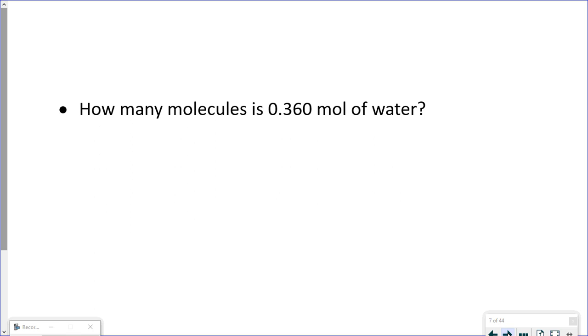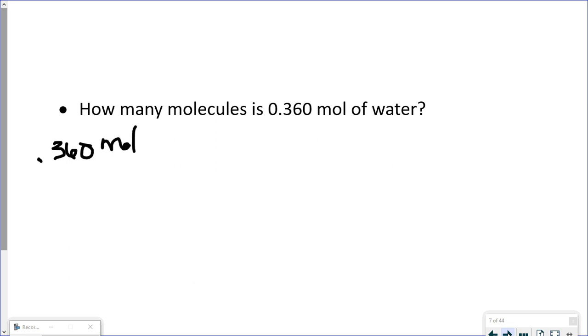So we're going to be using that same conversion factor of 1 mole is equal to 6.02 times 10 to the 23rd particles. But remember, you're always going to start with what is given. So you're given 0.360 moles of water, and we want molecules.